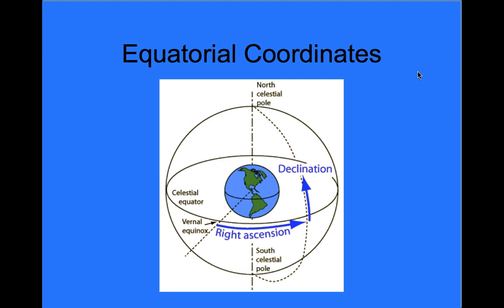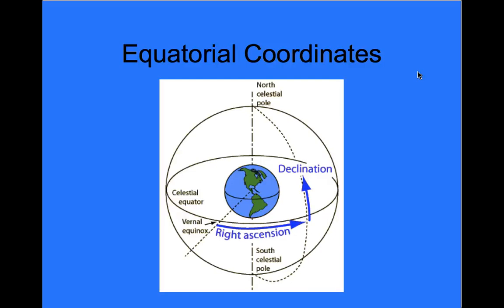Latitude and longitude on the celestial sphere are called declination for latitude and right ascension for longitude. When you learn this astronomy, it gets confusing with all the expressions. There's a point on the celestial equator called the vernal equinox.